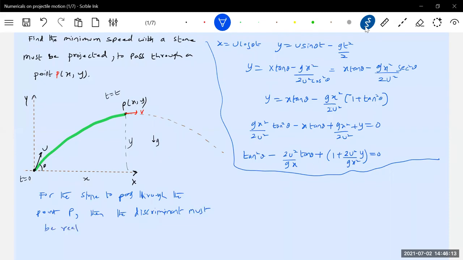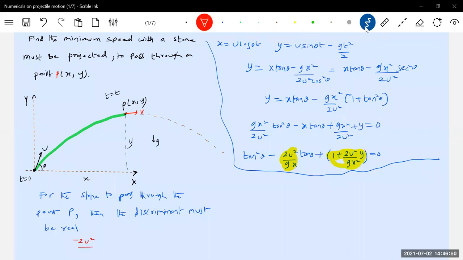Because this equation is brought by assuming this situation, for this situation to be real, the roots of the quadratic equation should be real. So what is the condition for the discriminant to be real? We have the quadratic equation of the form a x square minus b x plus c equal to 0, where a is 1, and in place of c we have this expression. So what is the primary condition?